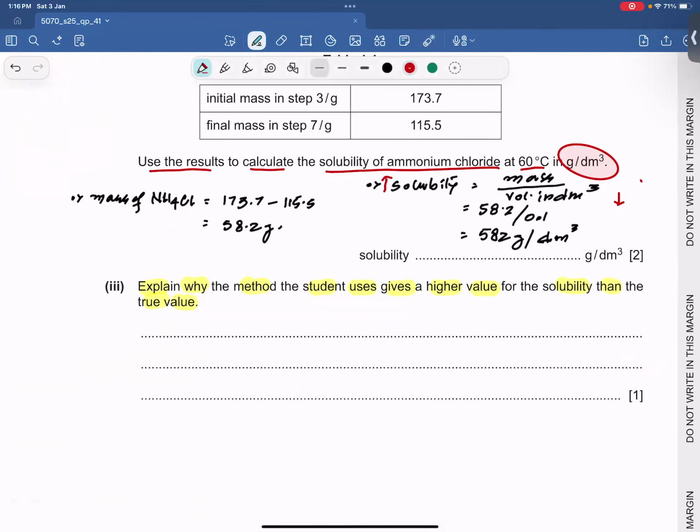Let me rephrase it properly. During heating, more water is evaporated.